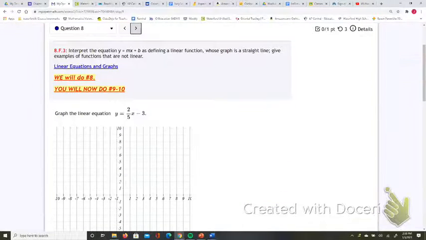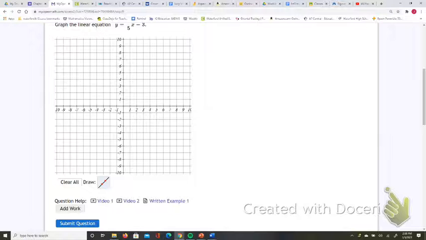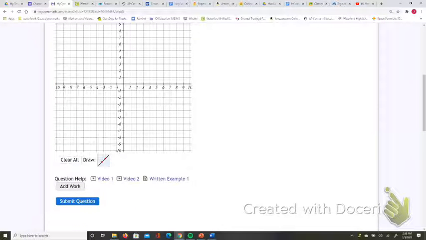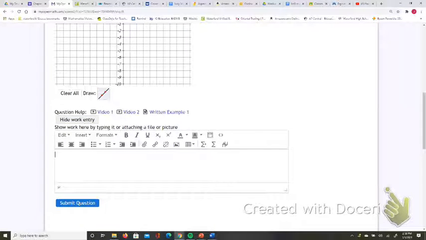Okay, now, for this one, this is a review of what we did last semester. So I want you to come down to the bottom right here where it says add work, and click that, and we're going to type something right here. So you're going to type y equals mx plus b. m equals slope, b equals y-intercept.